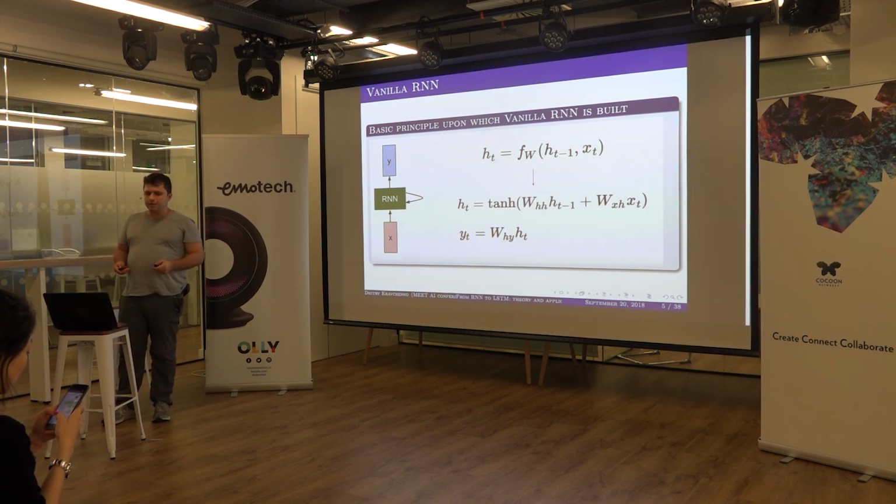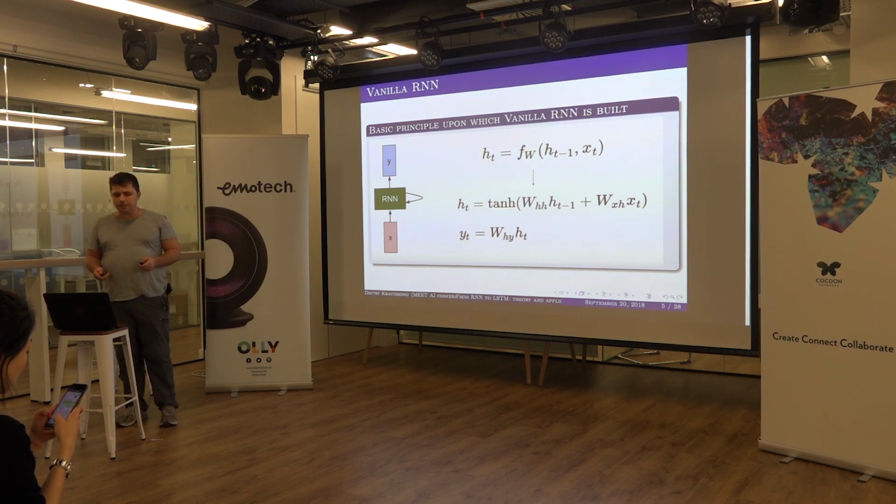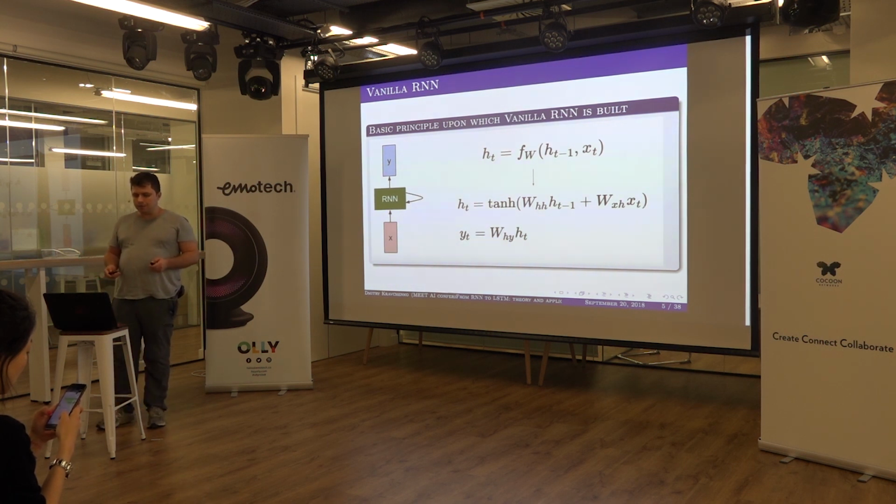So at each time step t, the hidden state h_t of the RNN is updated by the two parameters, h_(t-1).